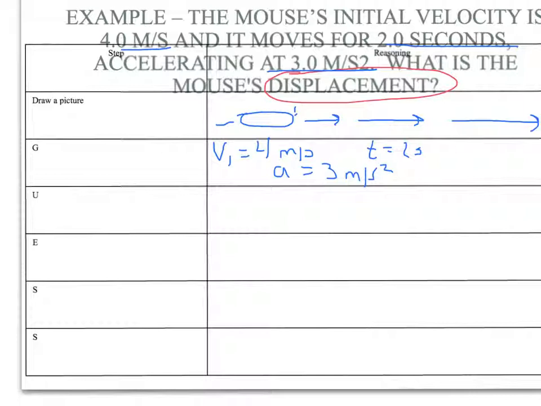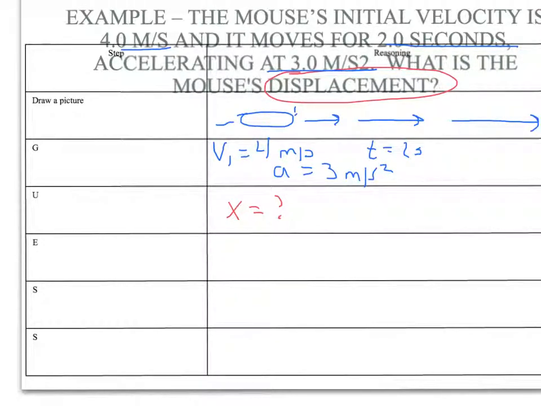The next part is our unknown, and it asks for displacement. So we're just going to put x equals a question mark. I know that it's x because it asks how far did it go. What is the displacement? We know displacement is represented with an x.